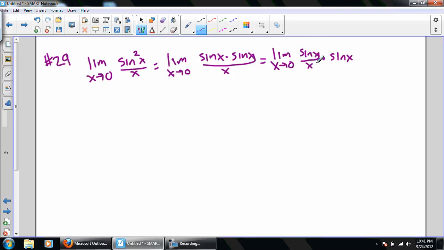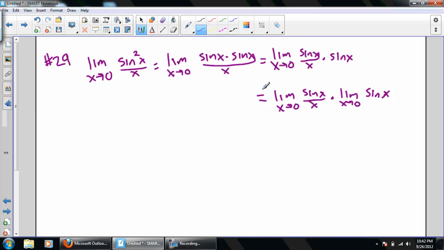So now let's see what happens as x approaches 0. Again, I'm being a little bit sloppy; I should be a touch more formal. We're taking the limit as x approaches 0 of the sine of x over x times the limit as x approaches 0 of the sine of x.